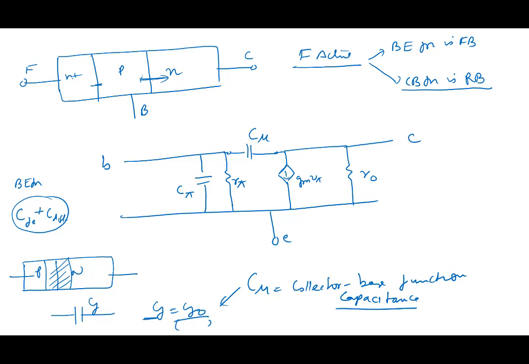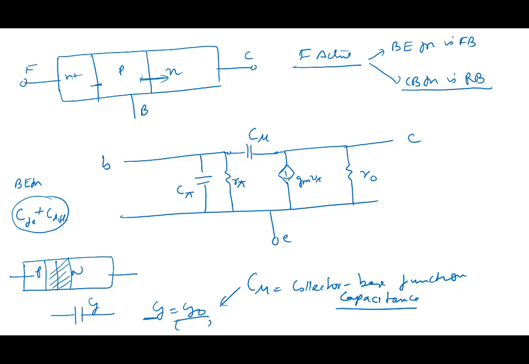So we get this C pi and we get this C mu. And C pi has two terms in it because it's a forward bias junction. So it has a junction capacitance and it has a diffusion capacitance. Right?